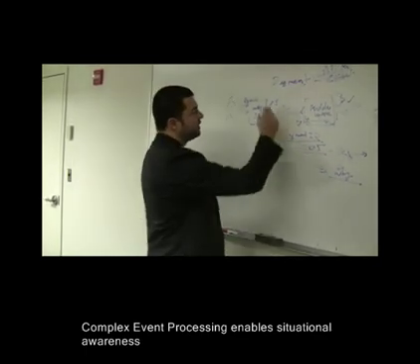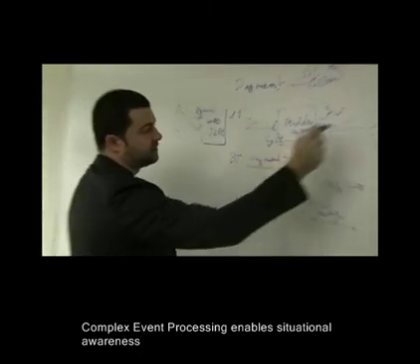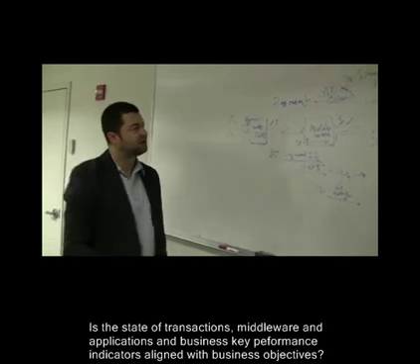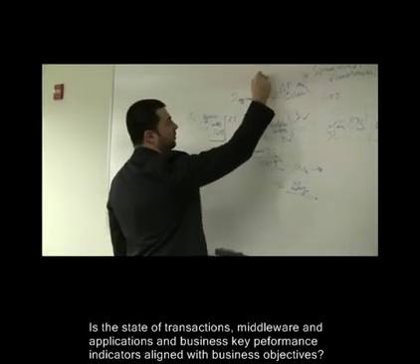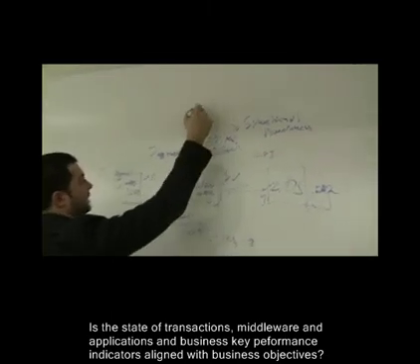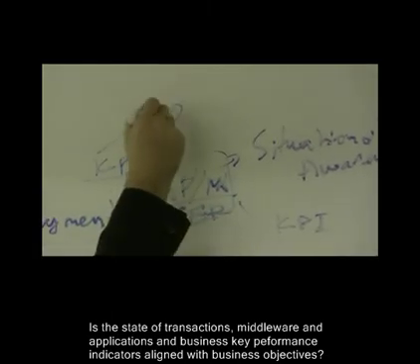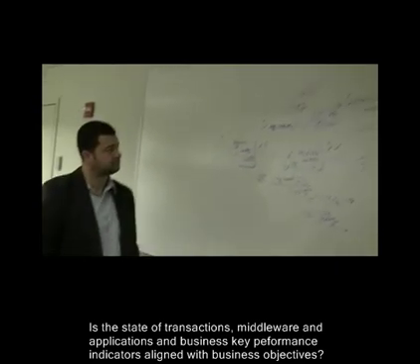And the CEP allows us to monitor all the different events, interactions, transactions, and key performance indicators, and tell us if they're aligned with the business expectations. So it's a technology that processes the KPIs and answers the question: does it align with my business objectives? We call them BO, business objectives.